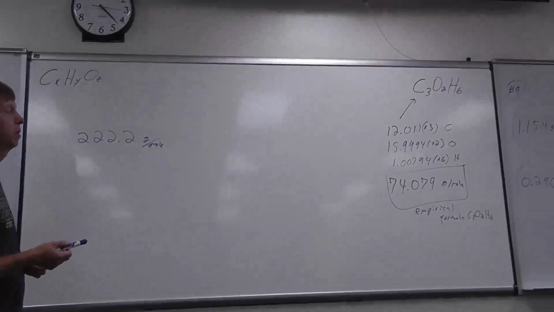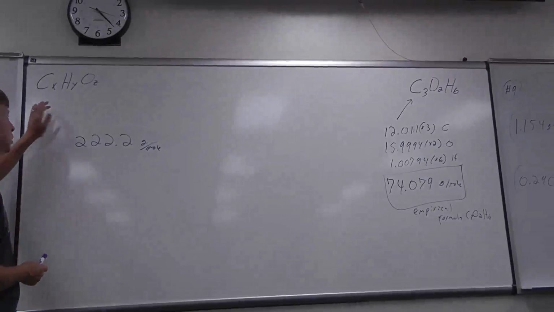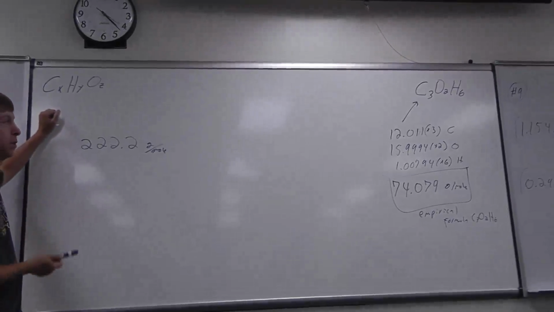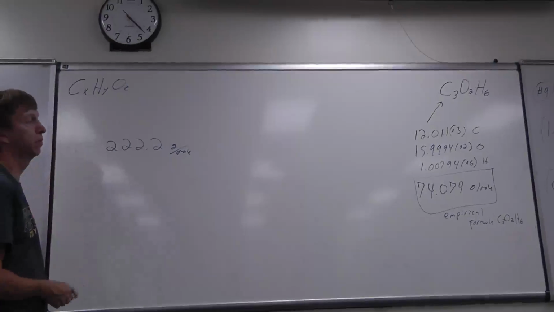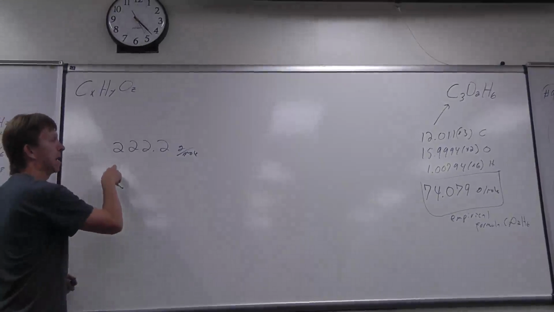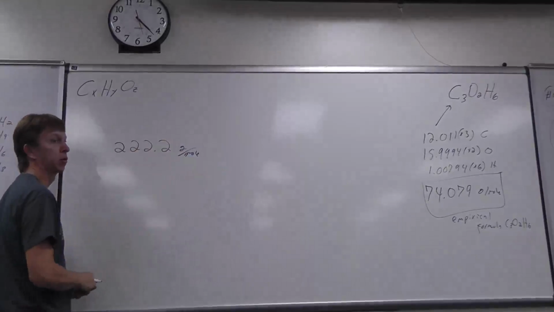But the actual molecular formula is either the same as the empirical or it's some multiple of the empirical, meaning its molar mass is going to be some multiple of that empirical mass.